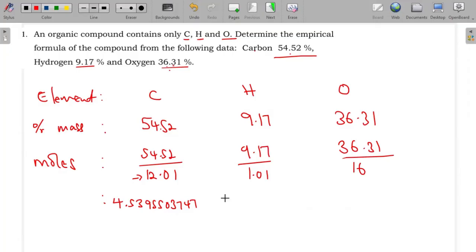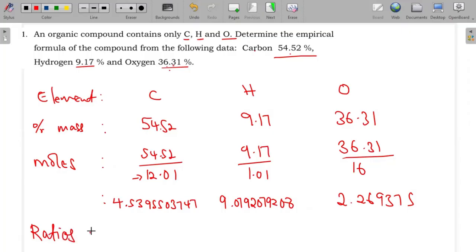This one gives me 9.0792079208. Then the last one is 36.31 divided by 16. This one gives me 2.269375.